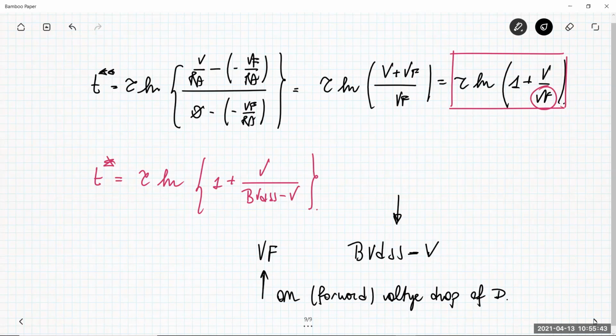So this leads to the consequence that the voltage VF, which is, let's say, 1 volt, 1.5 volt typically, is always less than this difference BVDSS minus V. And so this has a consequence, because T double star is typically larger than T star.